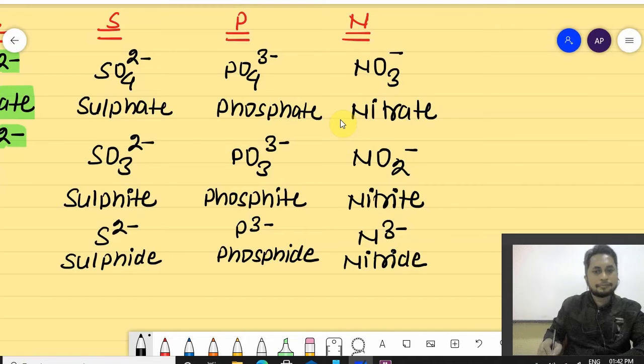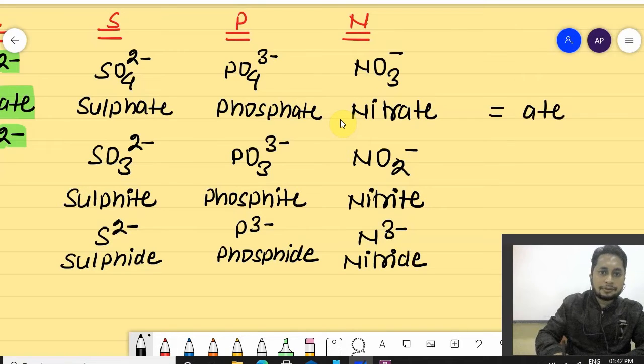So as you can see, we are using a constant suffix for sulfur, phosphorus and nitrogen.